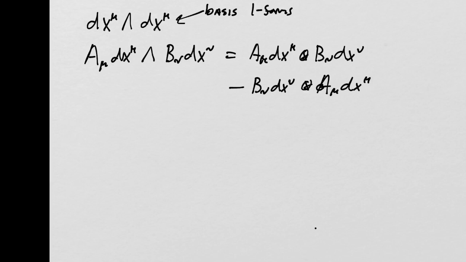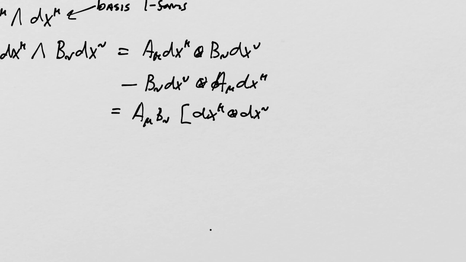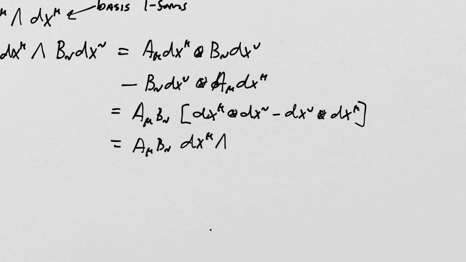Well, I know all about tensor products, and I know that they're linear, so I can take this and write A mu B nu dx mu tensor product dx nu minus dx nu tensor product dx mu, which of course is A mu B nu dx mu wedge dx nu.